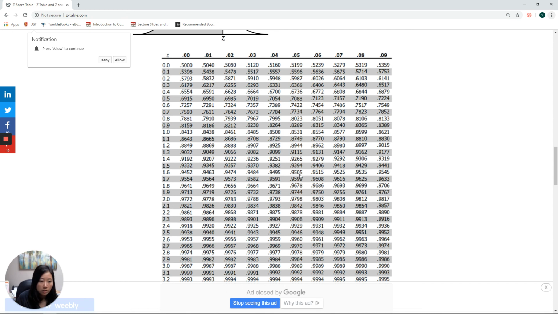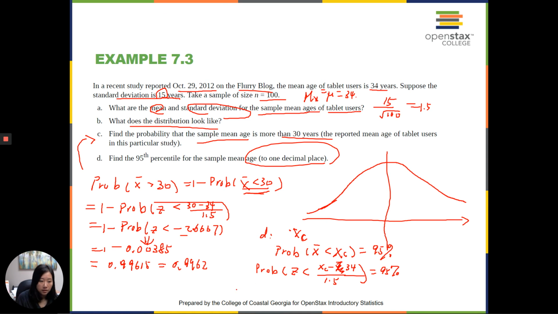So let's call it 1.645. Right, so that critical value, XC minus 34 divided by 1.5, is equal to 1.645.